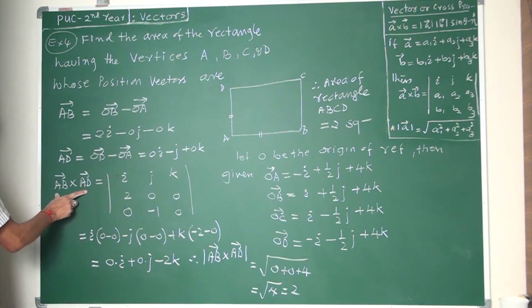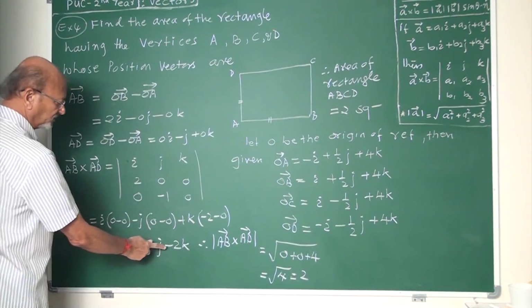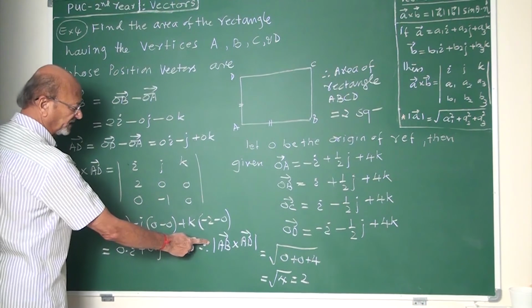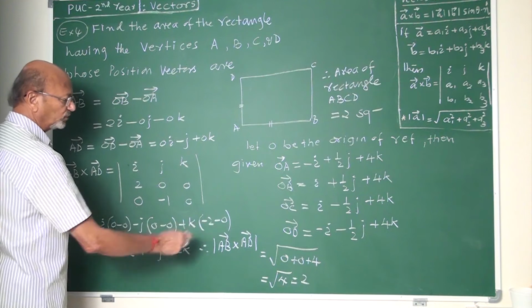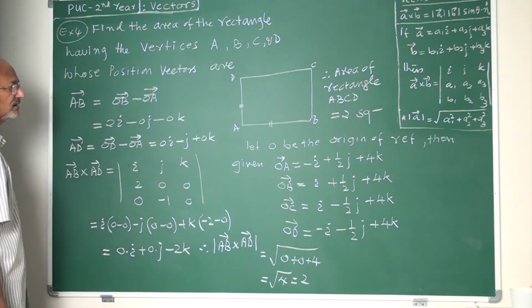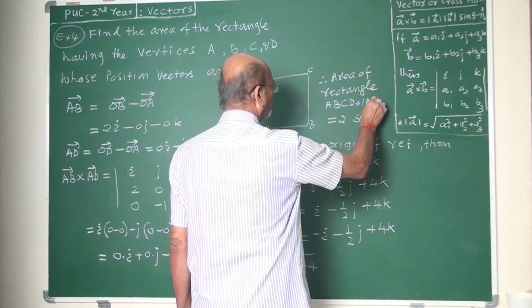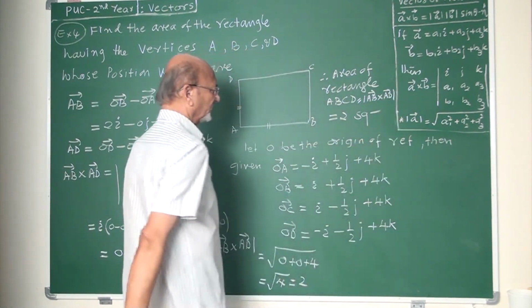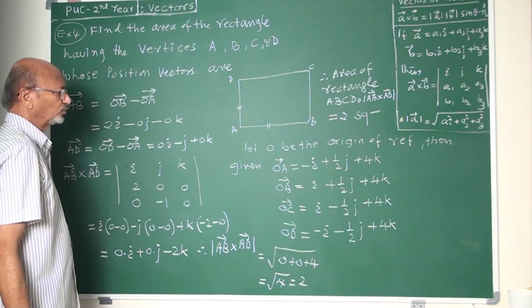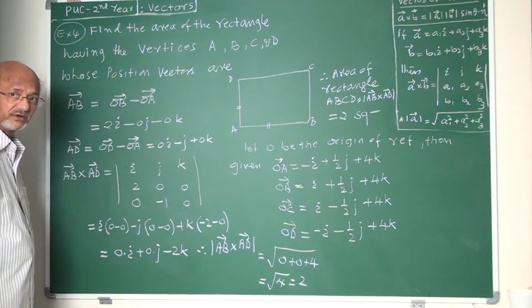Then the cross product, evaluation of the determinant, which is minus 2k. The magnitude: square of minus 2 is 4, square root of 4 is 2. The area of the rectangle is the magnitude of AB cross AD, which is 2 square units. Yes, my friends.